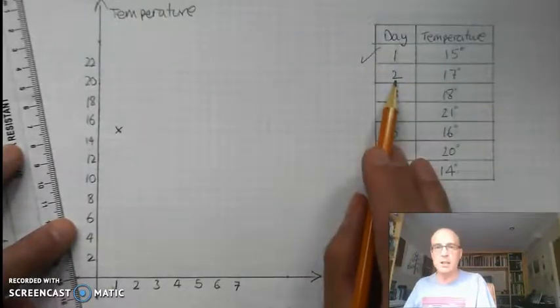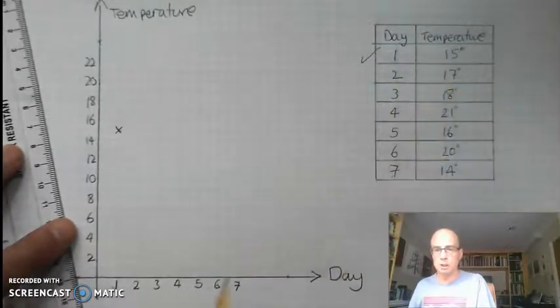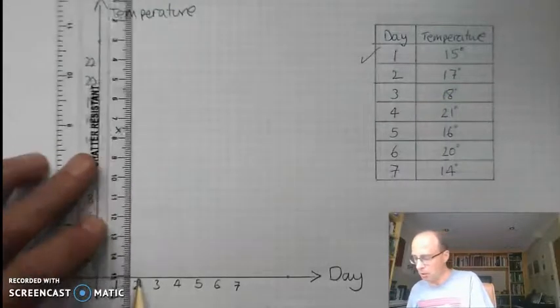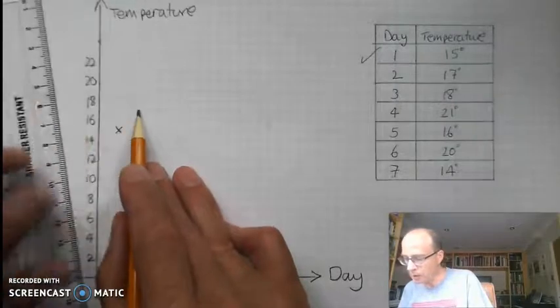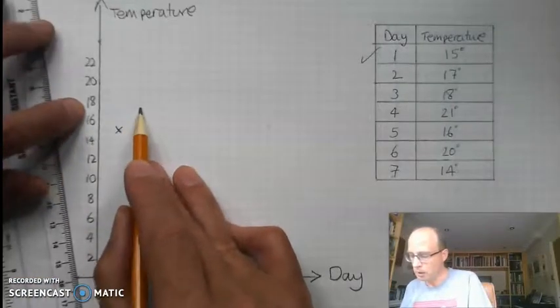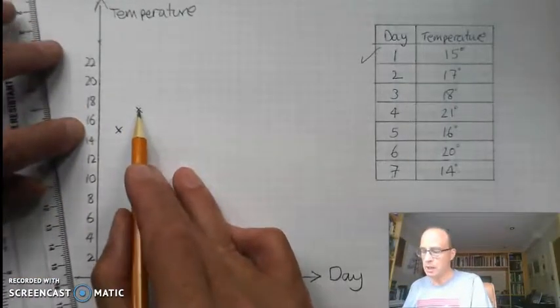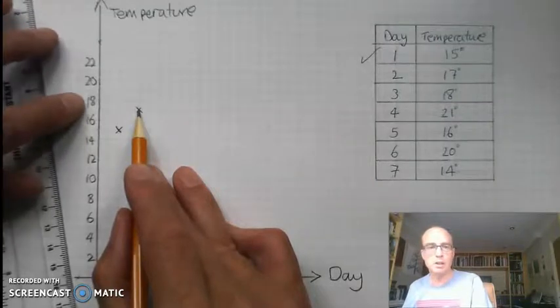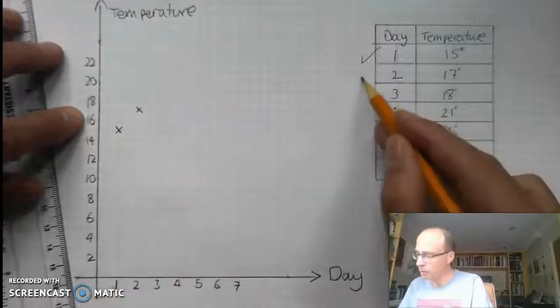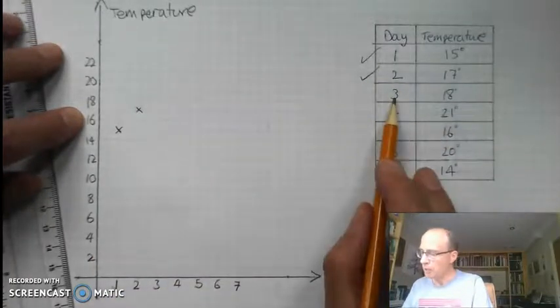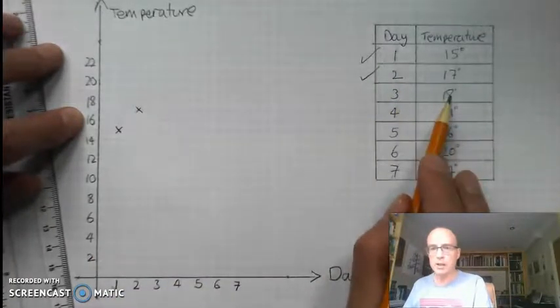Second piece of data, day 2, temperature 17. So I'm going to day 2, and I'm going to come up as far as 17 degrees. So 17's halfway between 16 and 18, and I'm going to put a cross. Done the second one. Day 3, we've got a temperature of 18 degrees.